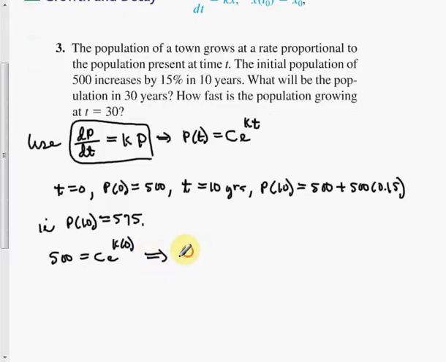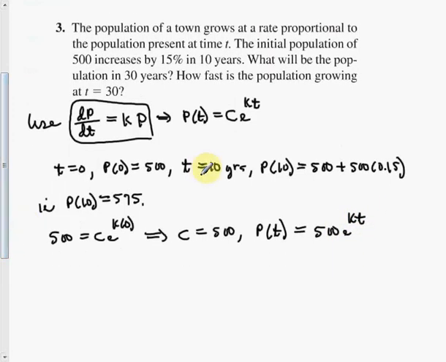Well, that implies that C is equal to 500. Thus, P of t is equal to 500 times e to the kt. Now that second condition, when t is 10, P of 10 is equal to 575. We use that to solve for k.